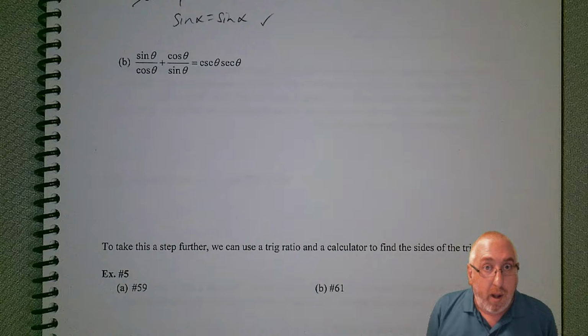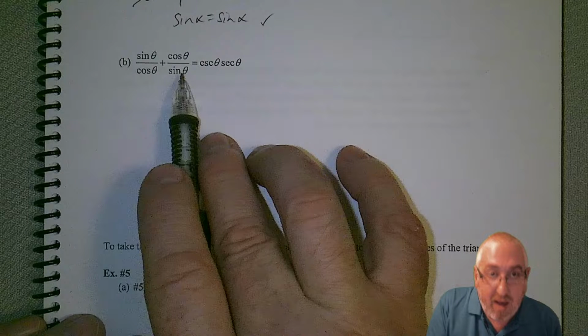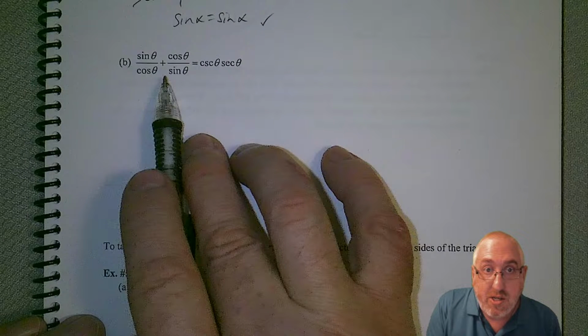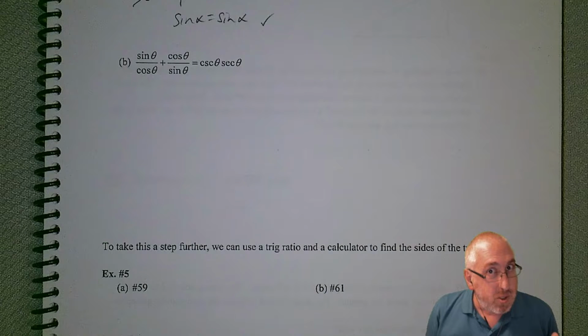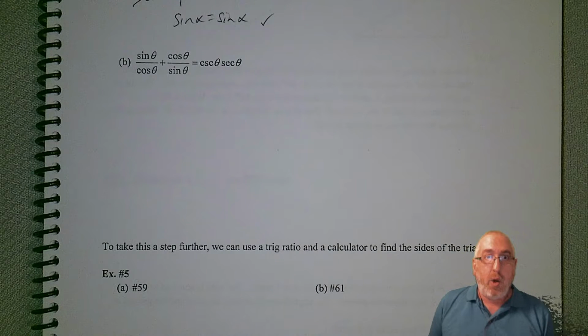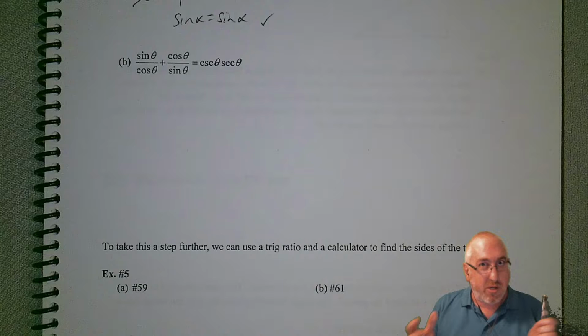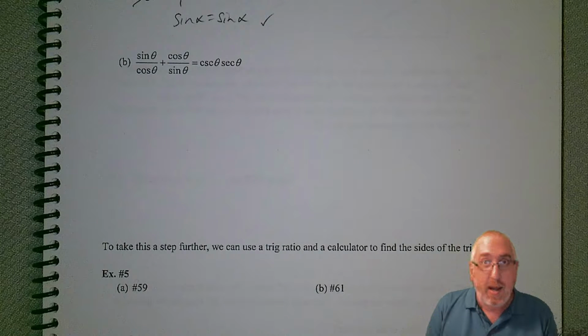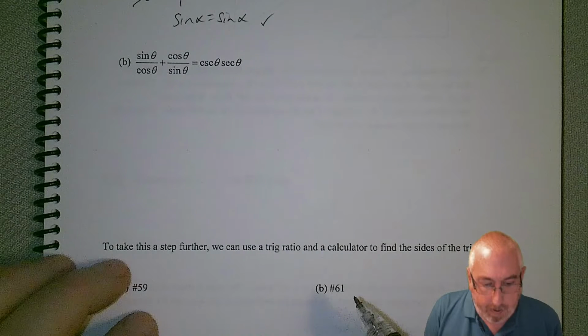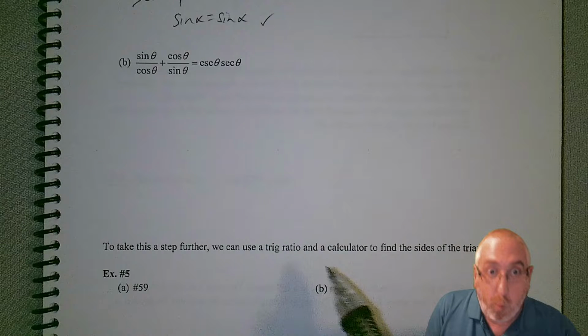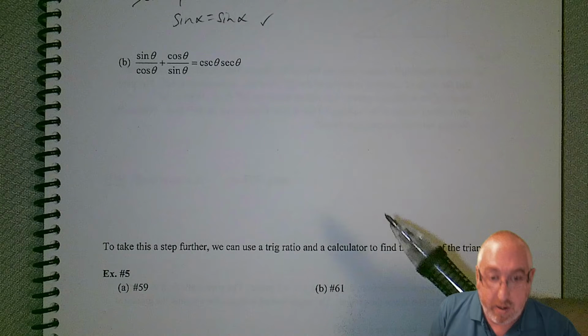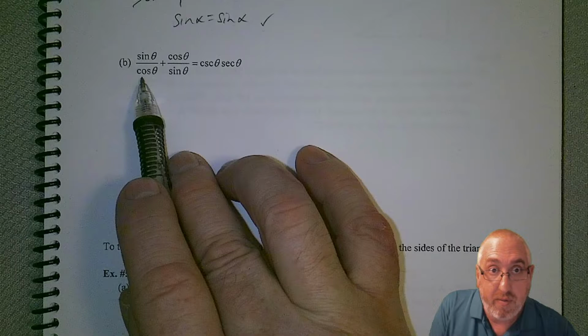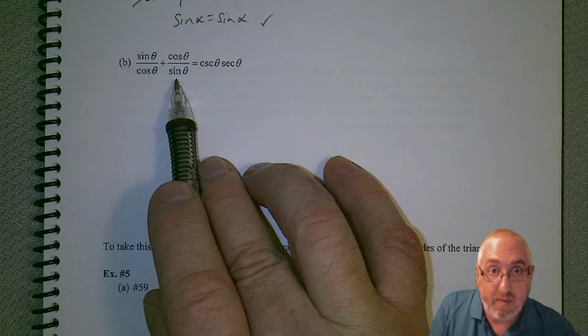Well, in this case, we have two fractions here with different denominators. So probably the first thing to get the ball rolling would be just to try to get those combined into a single fraction. And then maybe we can tackle more from there. So what would be our common denominator in this case? So we have cosine of theta and then the sine of theta.